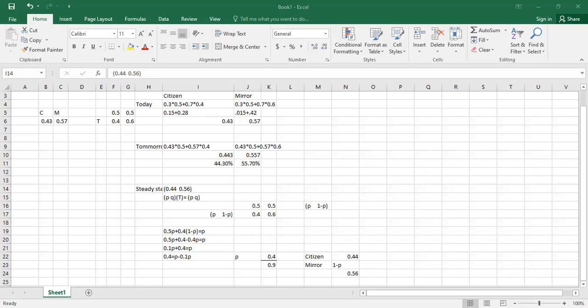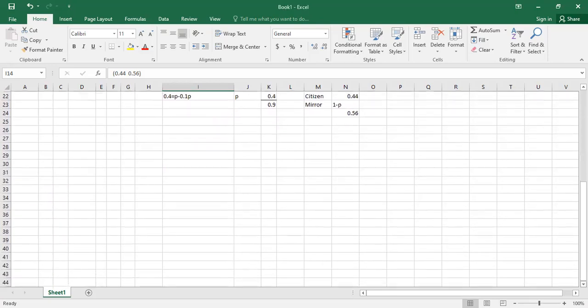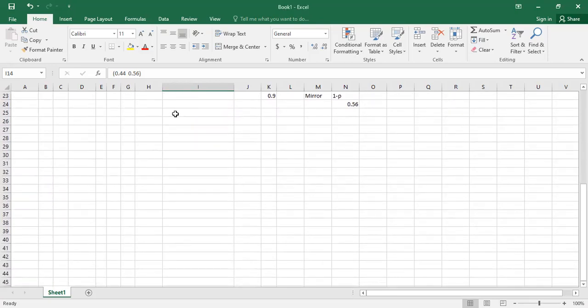This is our transition matrix: 0.85, 0.15. In other words, we are looking for a steady state.